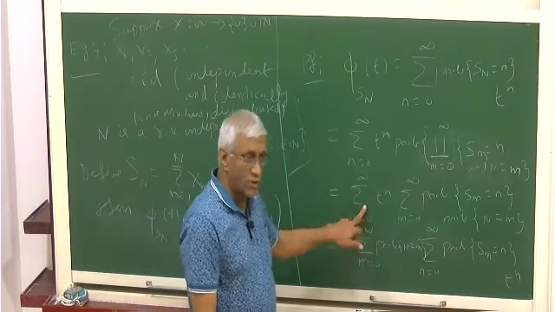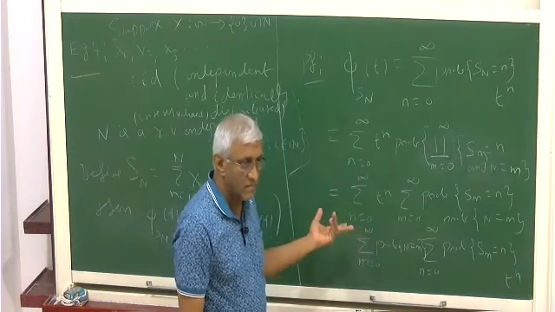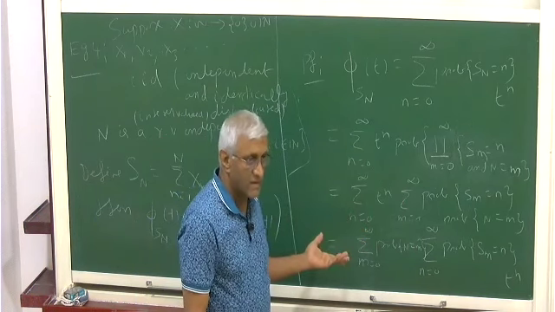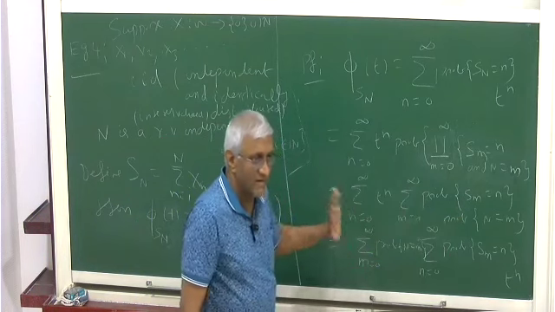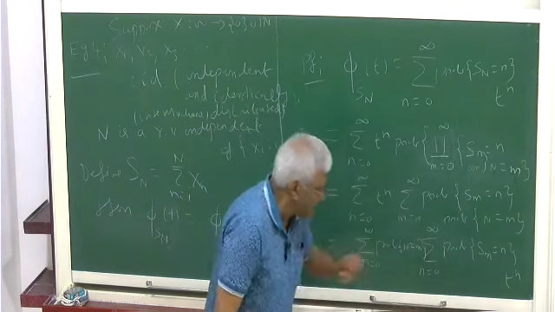I have taken the sum outside, interchanged the sum. You should justify that, and then you get this.